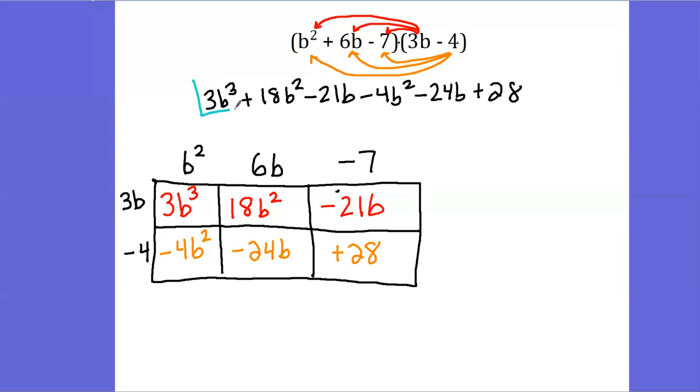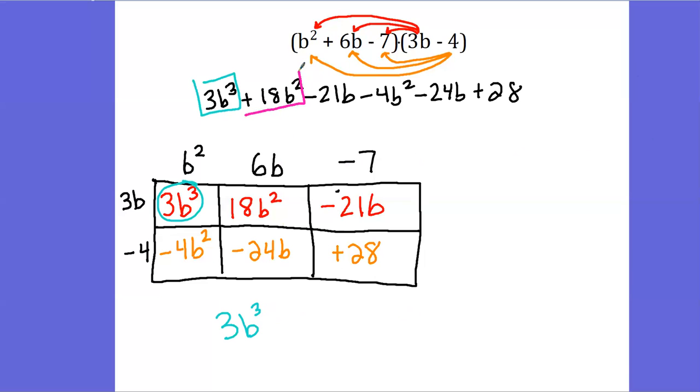So I have this 3b cubed here. Do I have any other b cubes in either of these two places? This is all the same information here, and the answer is no. So my final answer is going to include 3b cubed. When you write your answer, you always want to try to write it in standard form with your exponents decreasing from left to right.